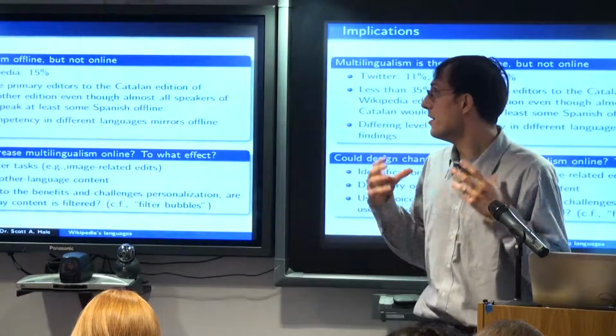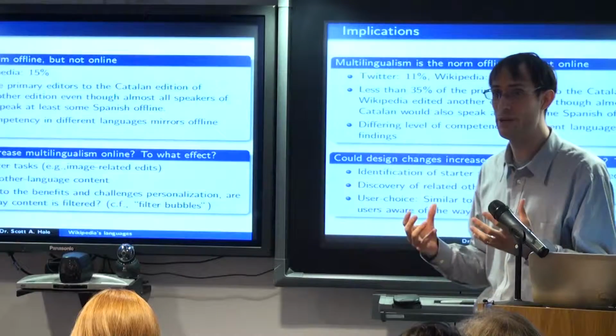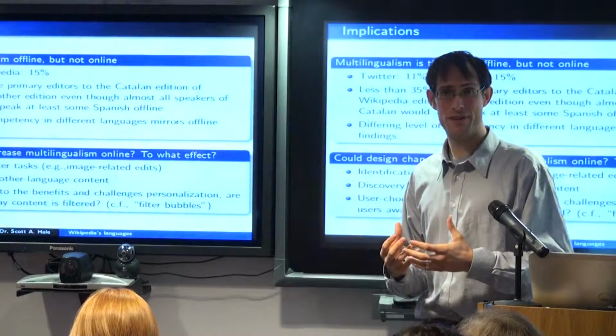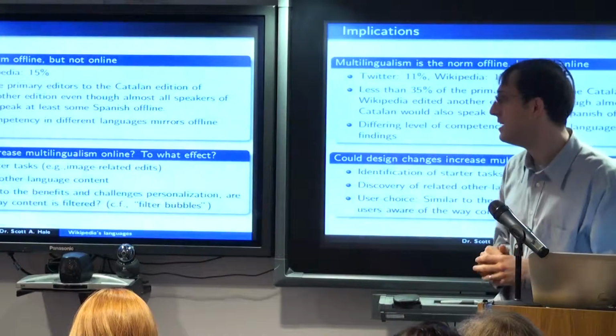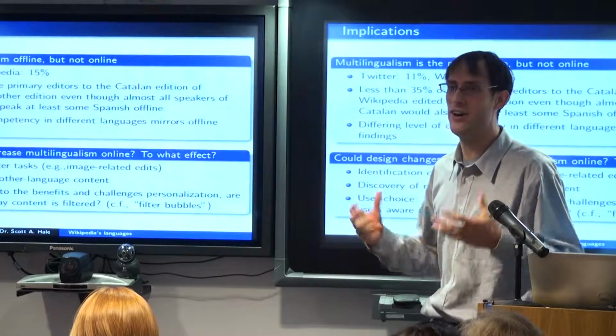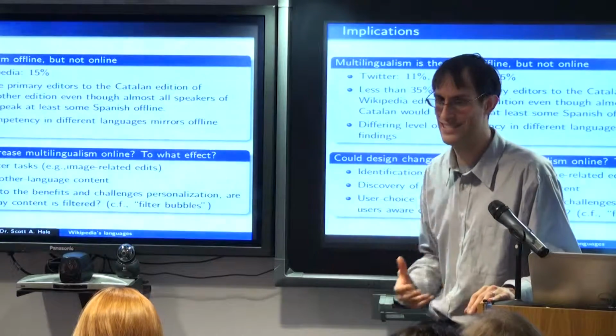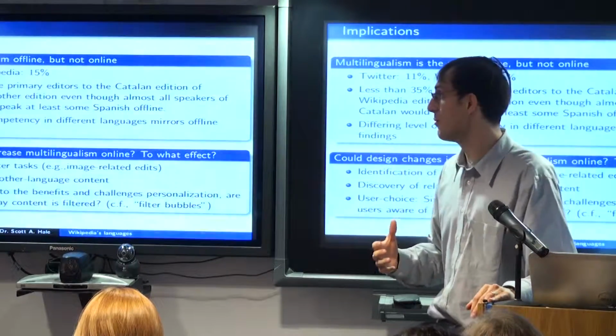In concluding, a lot that I've gone over very quickly, but multilingualism is very common offline, not so common online. 15%, it's not small, but it's certainly not half. As we said, half the people in Europe, for instance, speak more than one language.